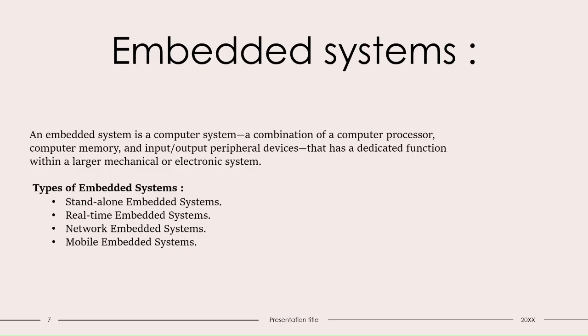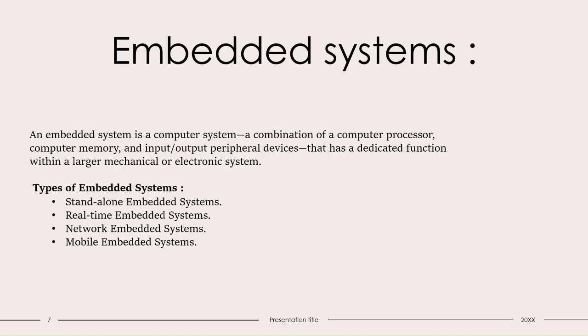What is a real-time embedded system? A real-time embedded system is one where a task should be completed within a deadline. And the network embedded system means that the embedded system is connected to other embedded systems. For example, mobile phone, routers, Bluetooth headset.